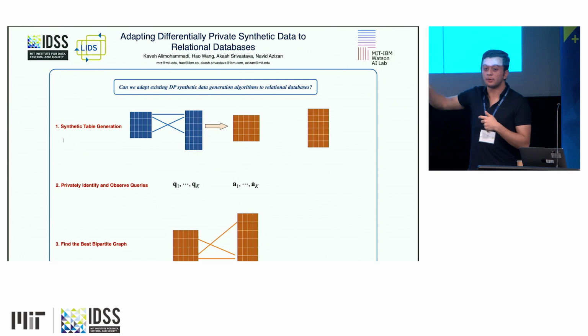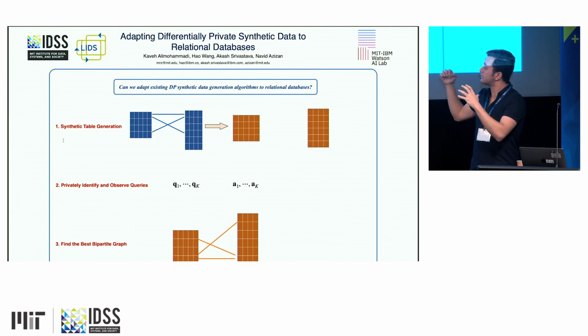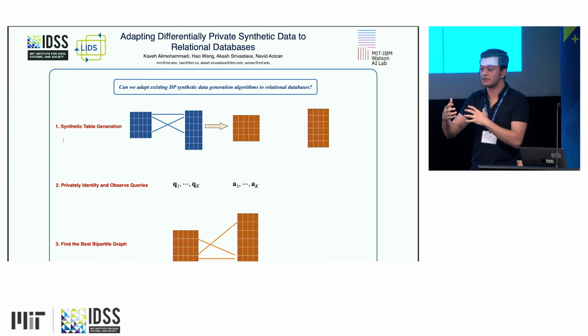We identify important cuts and privately observe the value of those cuts. Then having these observations and 2 synthetic tables, we try to project these observations into a bipartite graph so that these 2 tables and that bipartite graph explain the original instance.